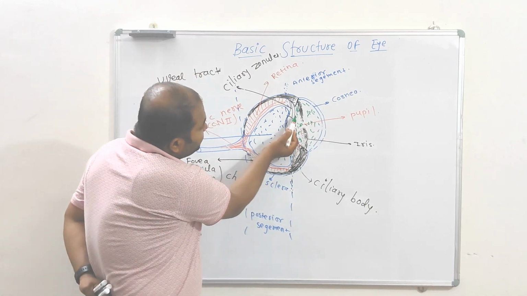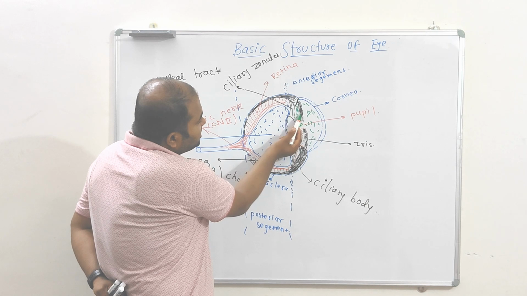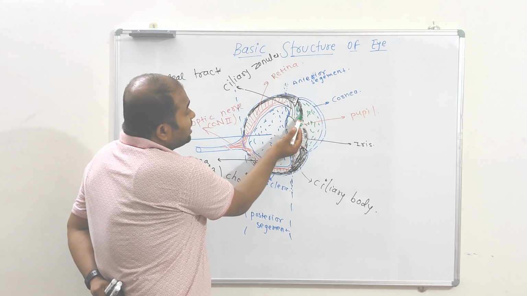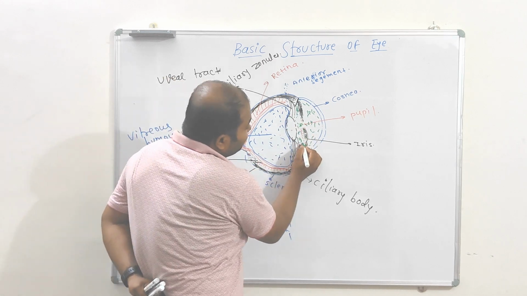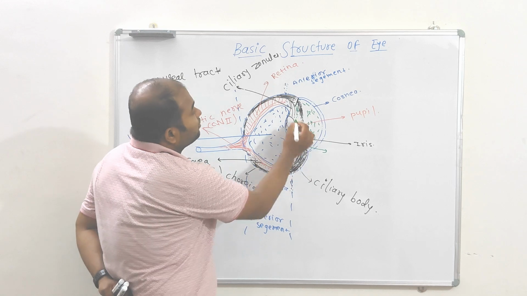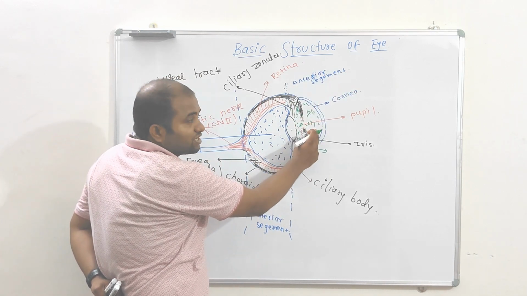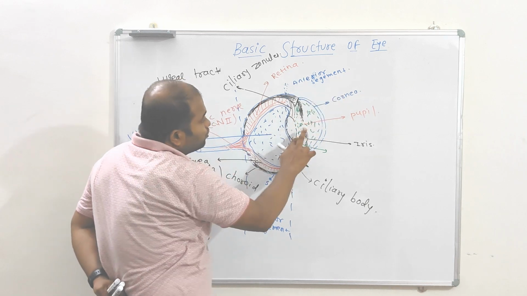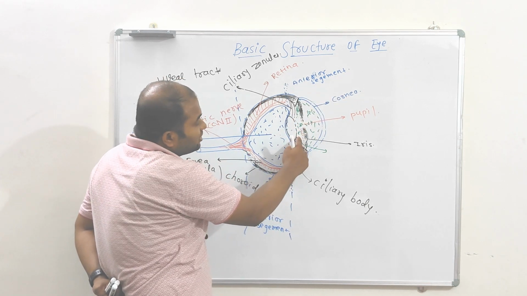The space between the iris and the suspensory ligament, the space between the iris and ciliary zonules, is called the posterior chamber. Although it is present in the anterior segment, you have to remember that there are two chambers, one anterior and one posterior.